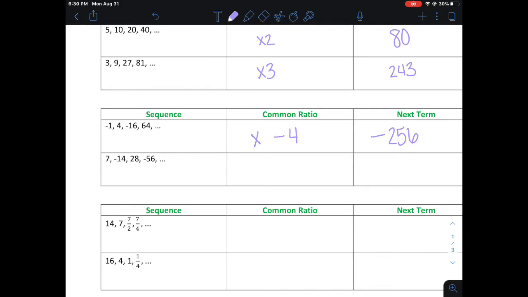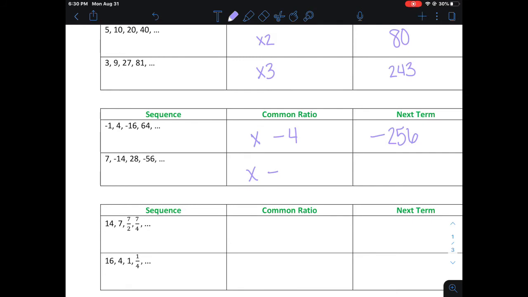Number 4, 7, -14, 28, -56. So we went positive, negative, positive, negative. So I know for sure I'm multiplying by some kind of negative number. So times negative, and then what number? Maybe you want to ignore those negative signs for right now. From 7 to 14, what do I multiply? 14 to 28, 28 to 56.